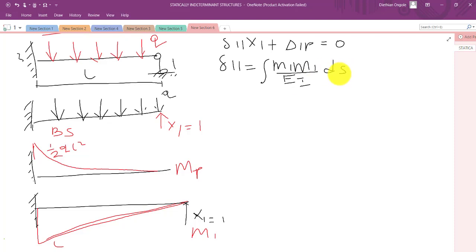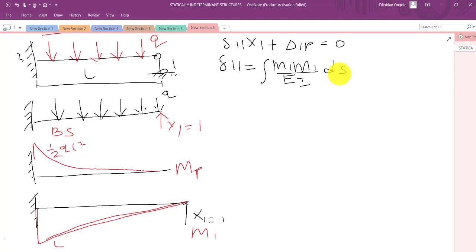If you recall, it's similar to the equation used to calculate displacements in the previous section on statically determinate structures. In this case, we are simply multiplying the unit force moment diagram by itself.